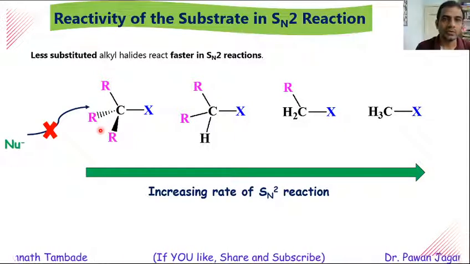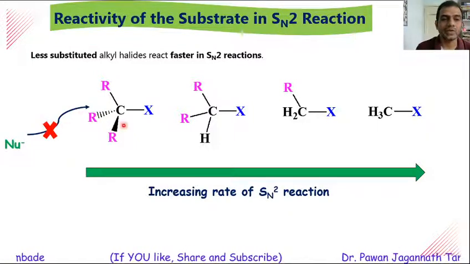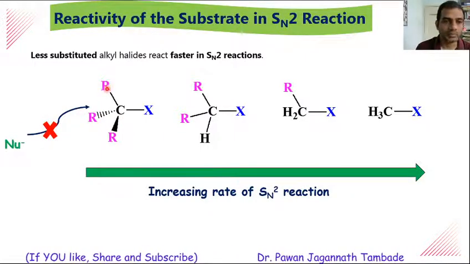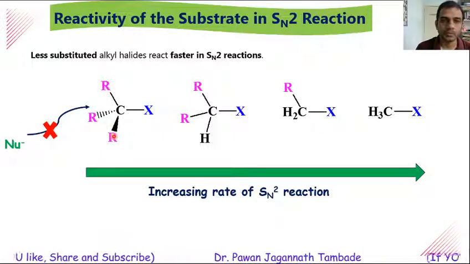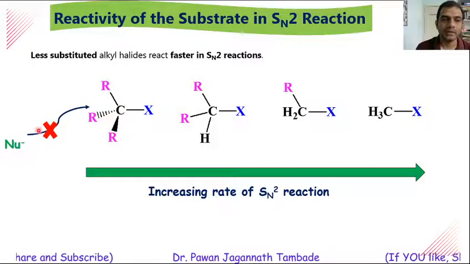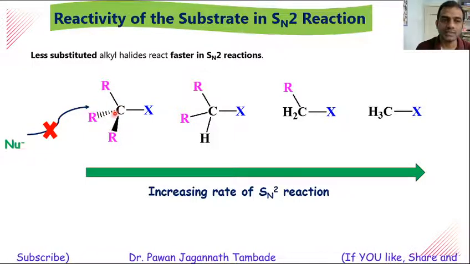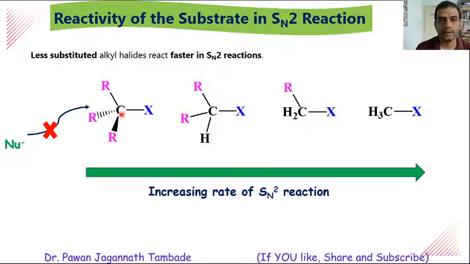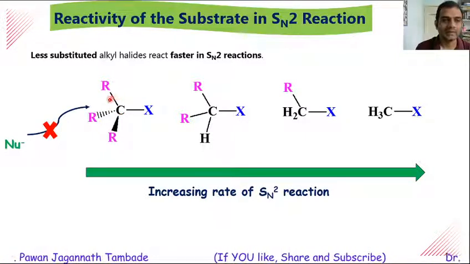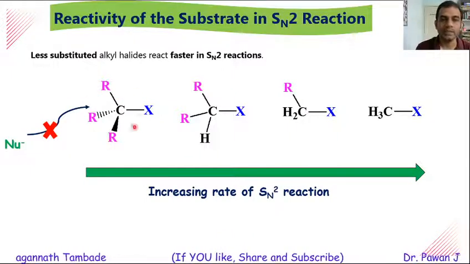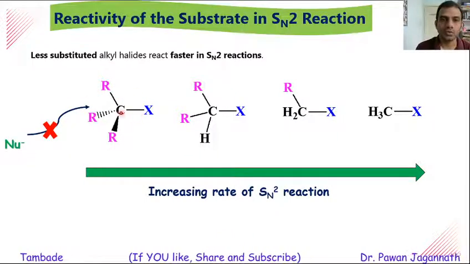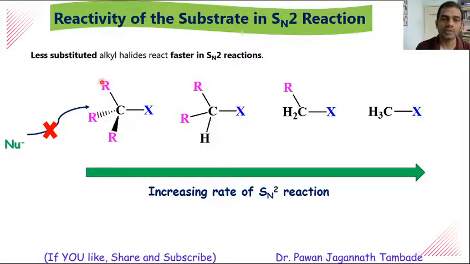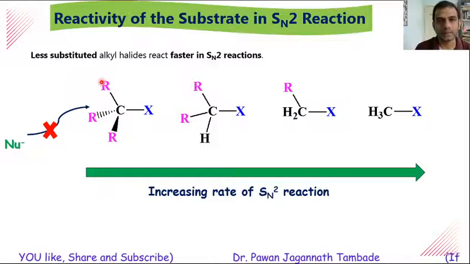In SN2 reaction, the nucleophile attacks the electrophilic carbon atom from the backside, and because of the presence of three R groups in the tertiary alkyl halide, the attack of the nucleophile on this electrophilic carbon is not possible. Because of that, these bulky substrates do not show SN2 type of reaction. However, they undergo reaction through the SN1 path.